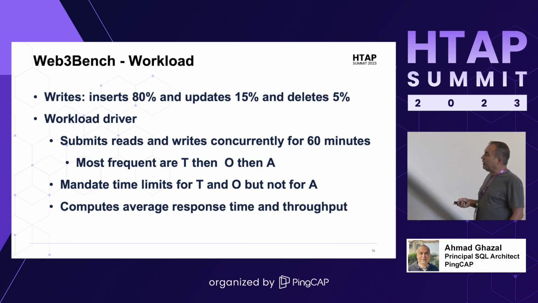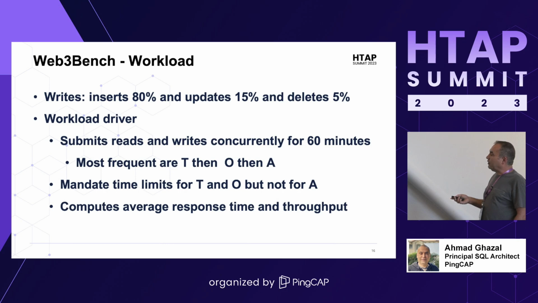And then we implemented the workload driver that submits the whole workload concurrently. The T queries are submitted the most frequently, then the O, then the A, right? Which represents real life cases. Point queries are much more common than online serving, and complex queries are less common.